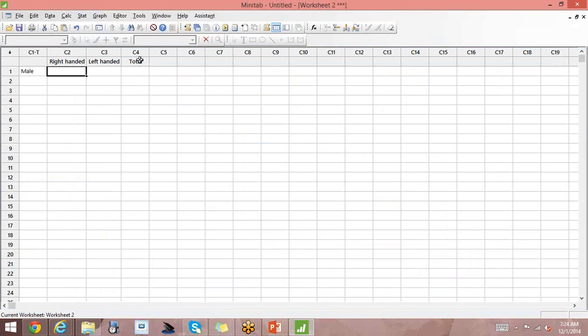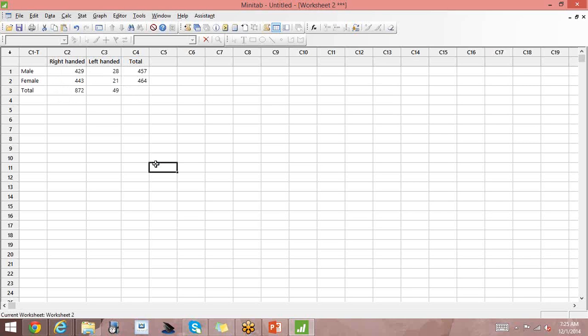Here I have male: 429 are right-handed, 28 are left-handed. Total is 457. Female: 443, 21, 464. Here also I get a total of 872 and 49.